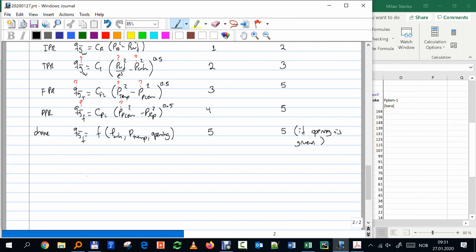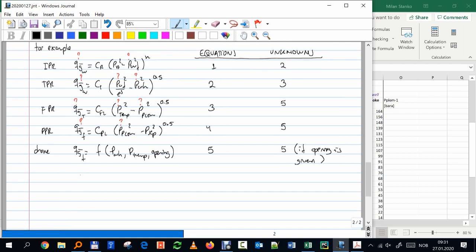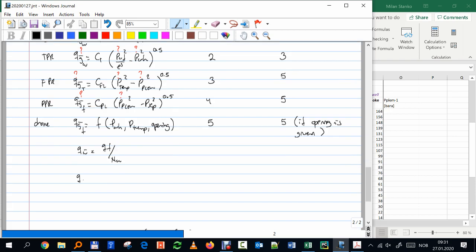And we have a series of additional equations that tell me Q of the well is Q of the field divided by number of wells, and Q of gas of the template is equal to Q of the field divided by number of templates.